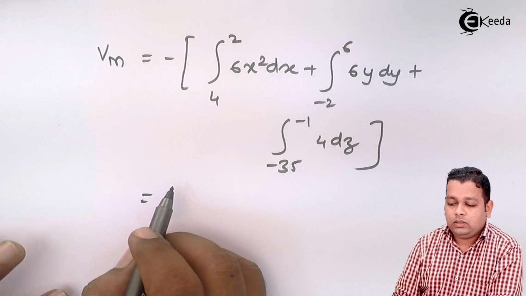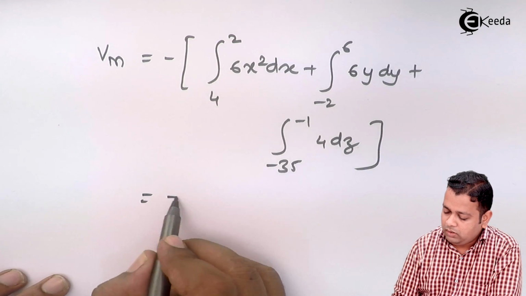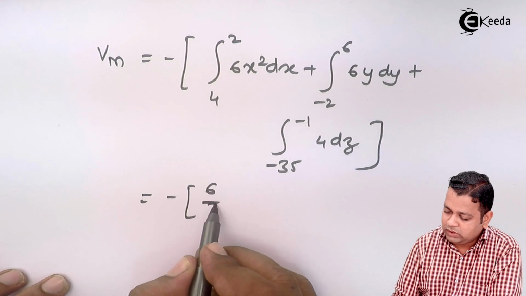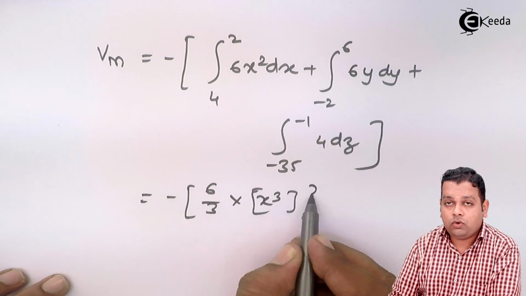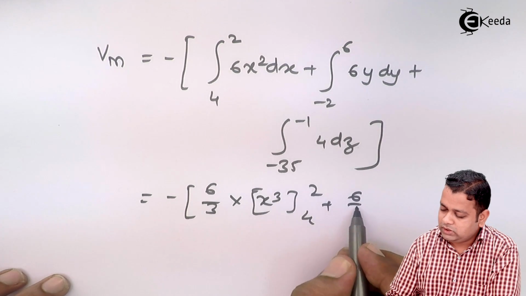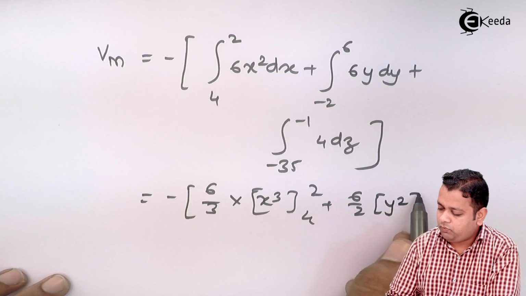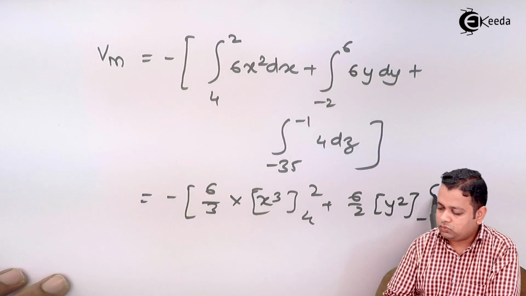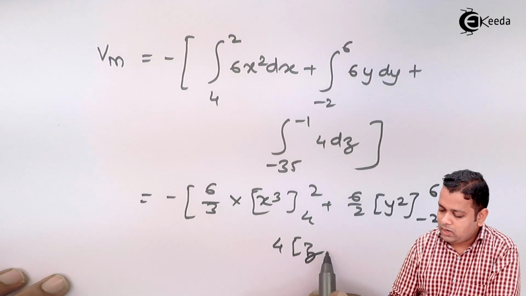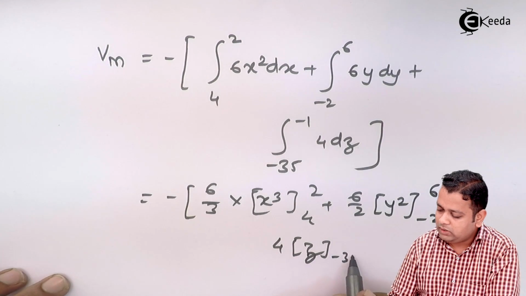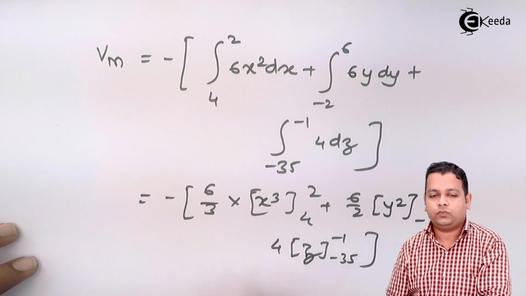So this way in the next step we shall be getting minus, in bracket 6/3 into x³ for the limits 4 to 2, plus 6/2 y² for the limits -2 to 6, and the third term will have 4z over the limits -35 to -1.